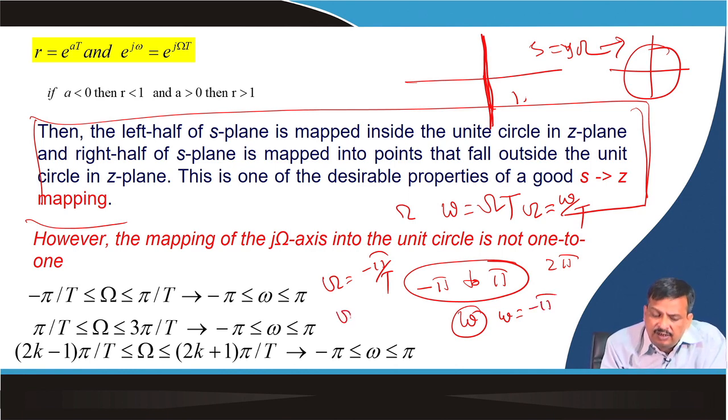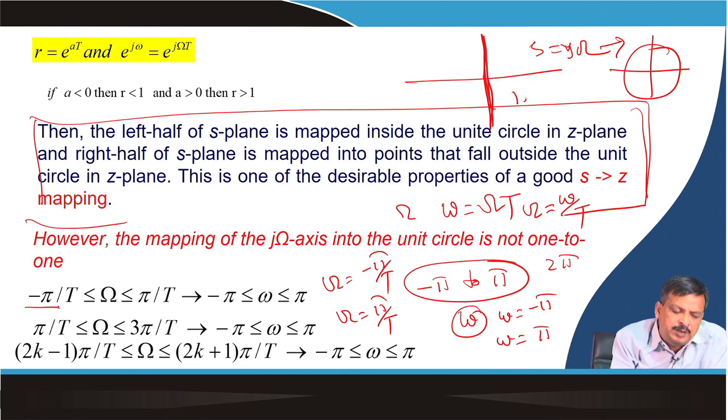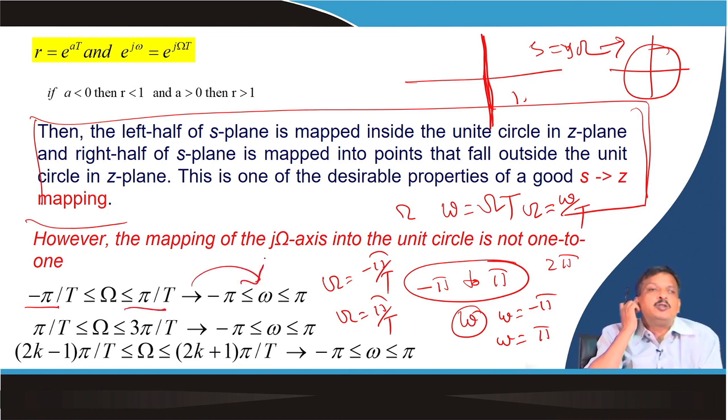If it is equal to pi by T, then I can say small omega is equal to pi. So, this minus pi by T to pi by T is all mapped to minus pi to pi.